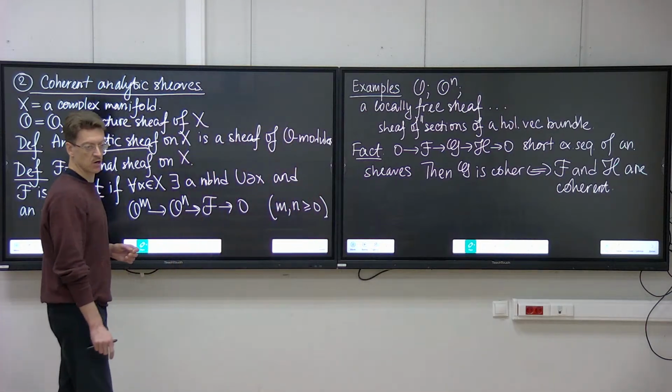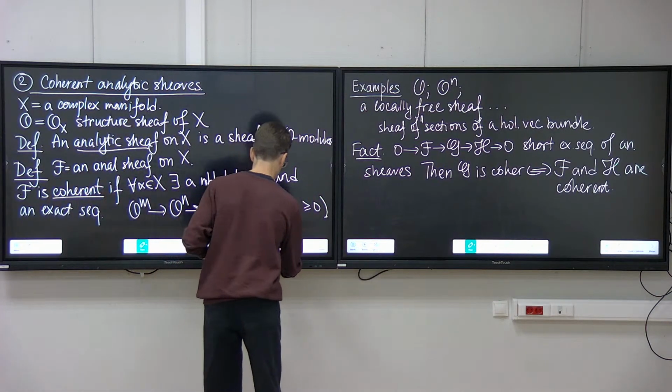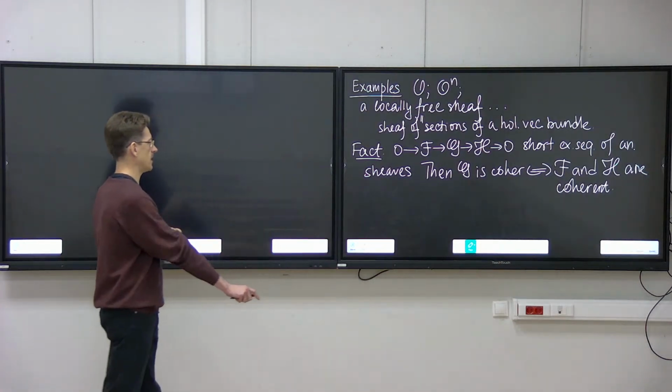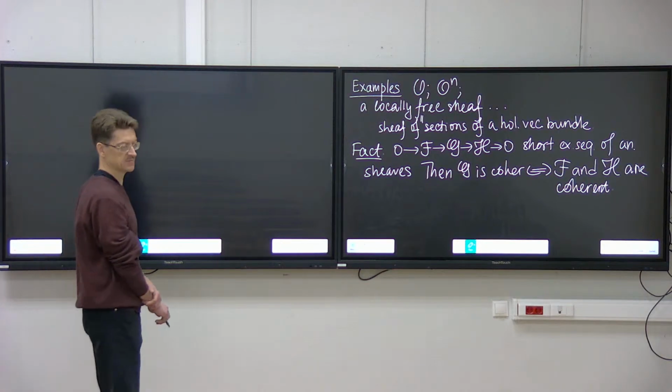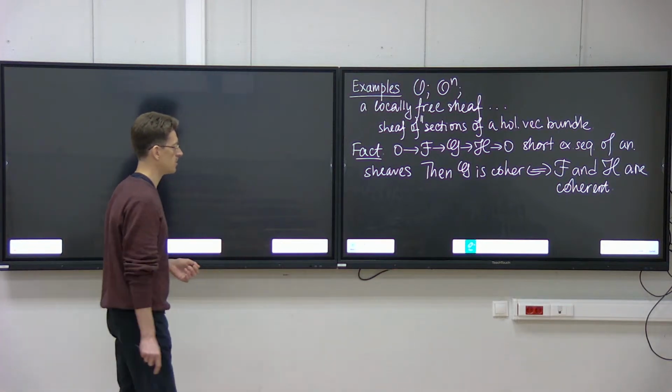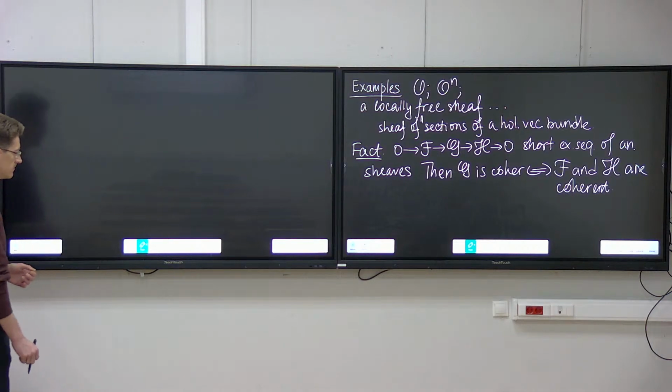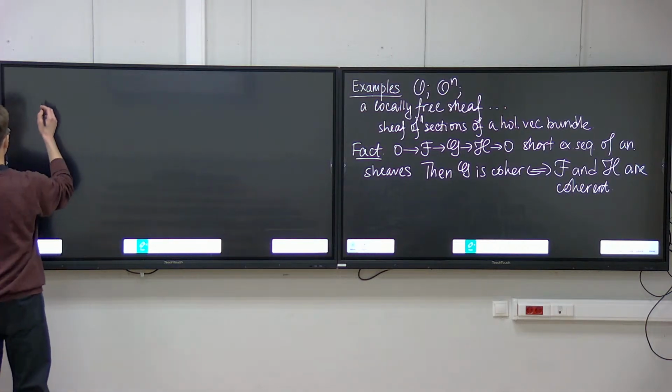Now, what can we say about cohomology of coherent sheaves? It turns out that there is a very nice and important class of complex manifolds for which the higher cohomology of coherent sheaves is trivial. So let's give the respective definitions.